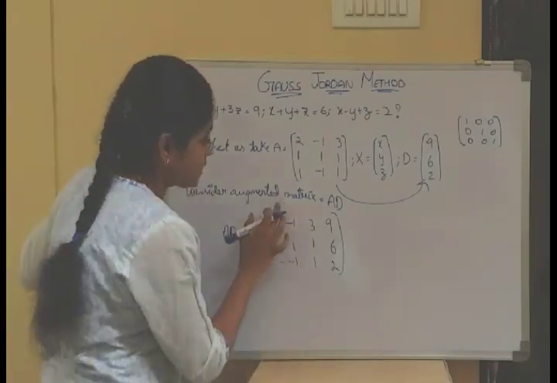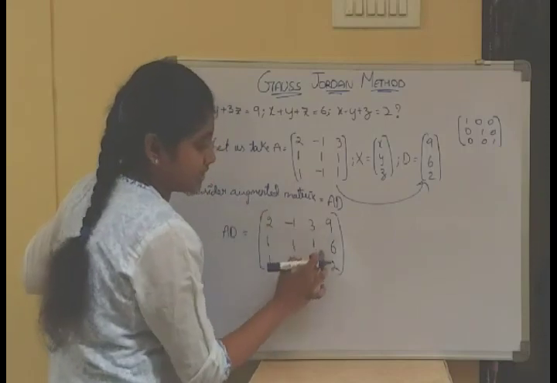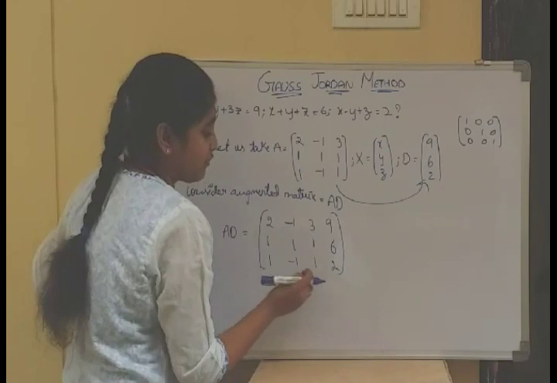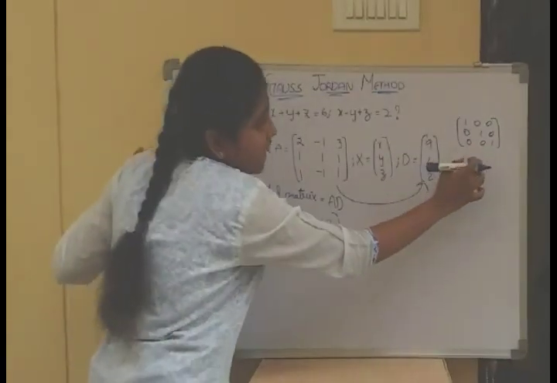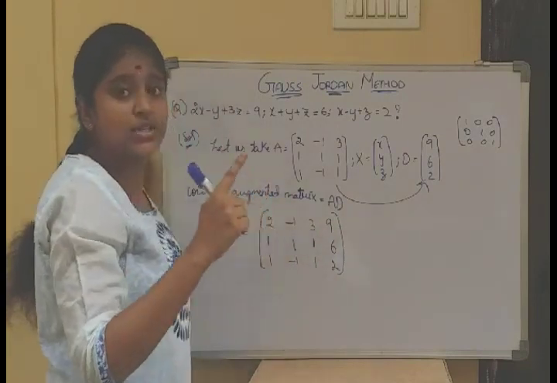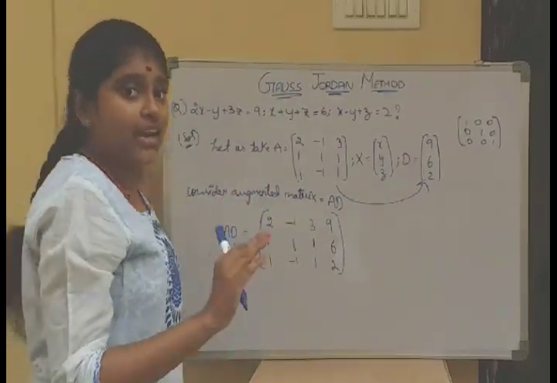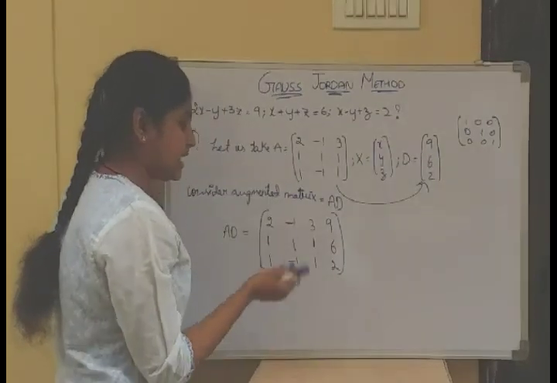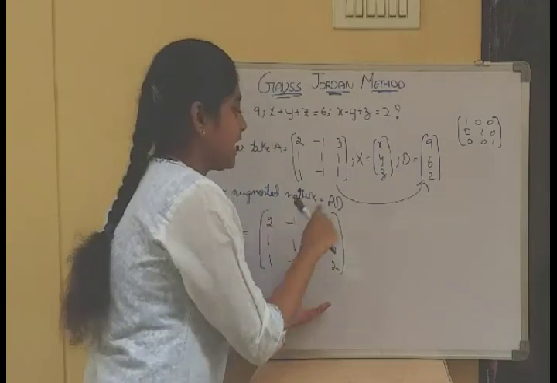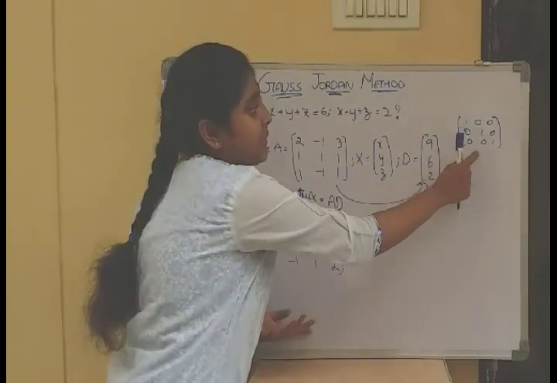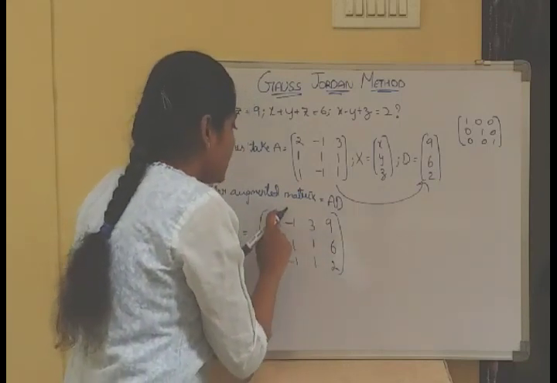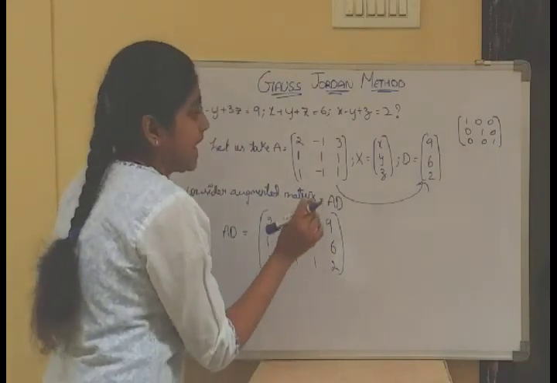By doing that, the left part will become the identity matrix, and the remaining constants will change. At last, after getting the matrix into the identity form, the values present in the last column will become the values of x, y and z. The next process is to convert this matrix into the identity matrix. For a 3 by 3 matrix, this part is the most important.